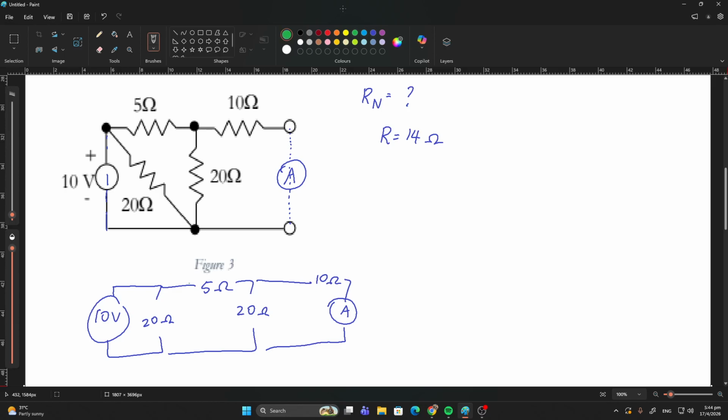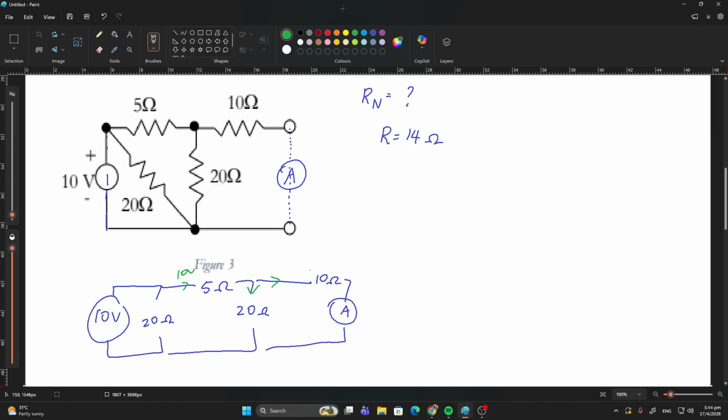We know that this one will have 10 volts going in here, but 10 volts will not be coming out here, because the voltage will later split into these two. So we just need to find the voltage going into the 20 ohms.